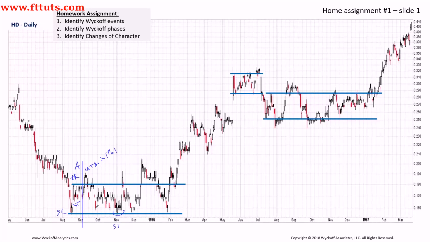And there are, by the way, multiple secondary tests in phase B. This is also, guys, another thing that I want you to start thinking about. And today I'm going to give you so much material.